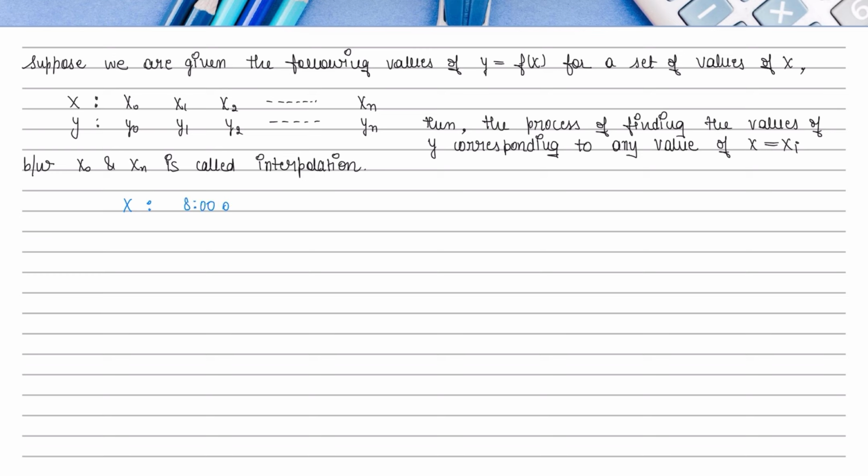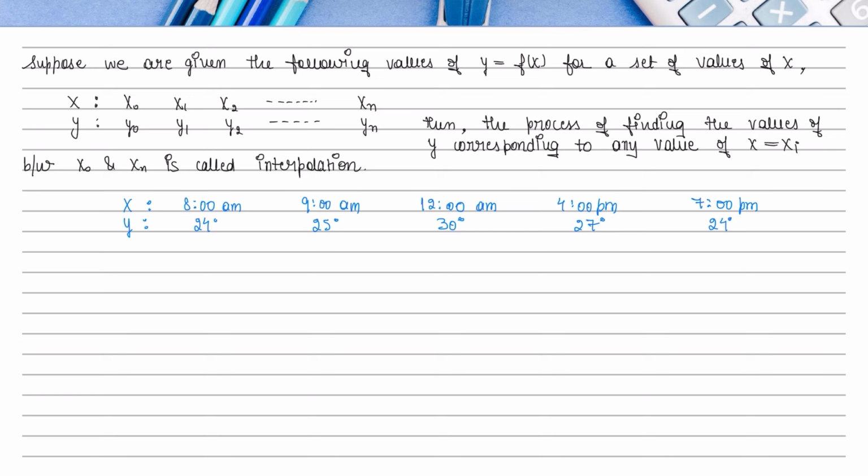We can see the application of interpolation in various forms, like we have estimated the temperature at 8 am, let it be 24 degrees Celsius, then at 9 am, which is 25 degrees Celsius, at 12 am, let it be 30 degrees Celsius, at 4 pm, let it be 27 degrees Celsius, and after that we have directly calculated it at 7 pm, which is again 24 degrees Celsius.